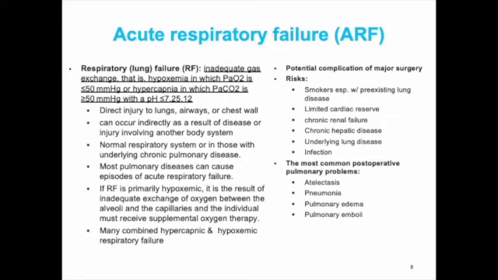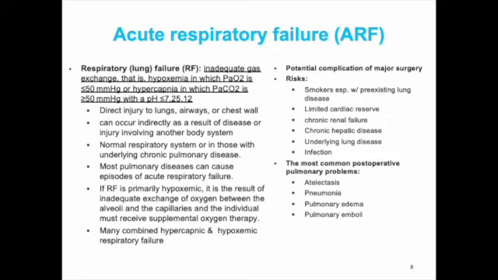So hypoxemia of a partial pressure of oxygen below 50 millimeters of mercury, or if there's hypercapnia where the partial pressure of CO2 is over 50 millimeters of mercury, so too high. In addition, if there's a pH less than 7.25, this would all be the definition of respiratory failure.